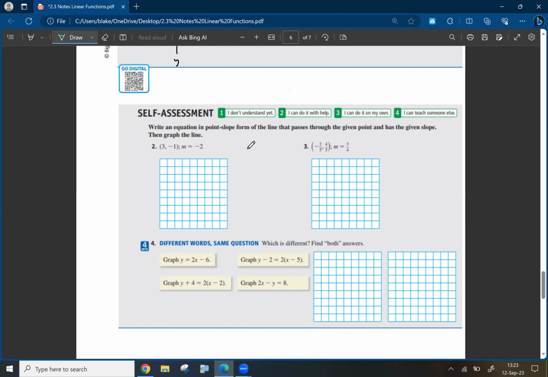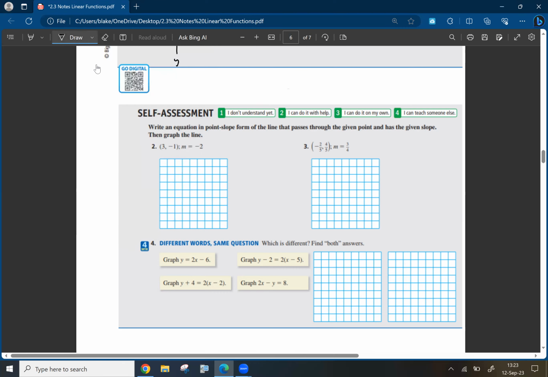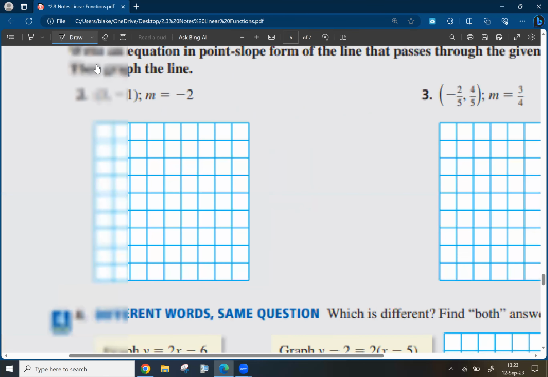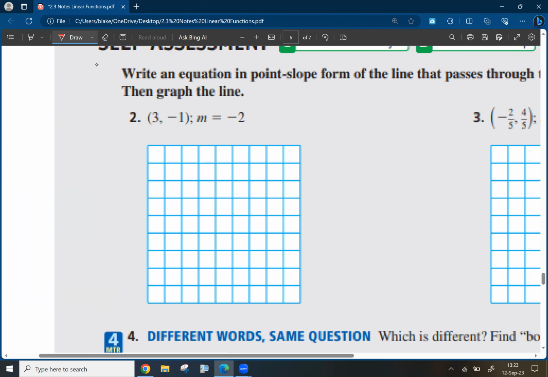So write an equation in point slope form of a line that passes through the given point and has the given slope. Okay, you can do that. So if I write the equation in point slope form first, I have, again, x1, y1. So this would be y plus 1, because remember when I put this -1 in here, it'd be minus a -1, which turns into plus.